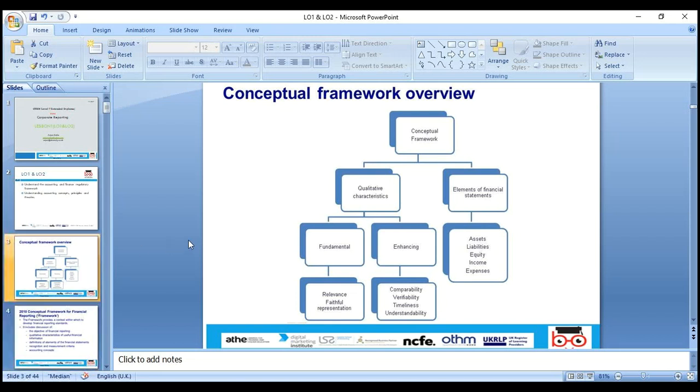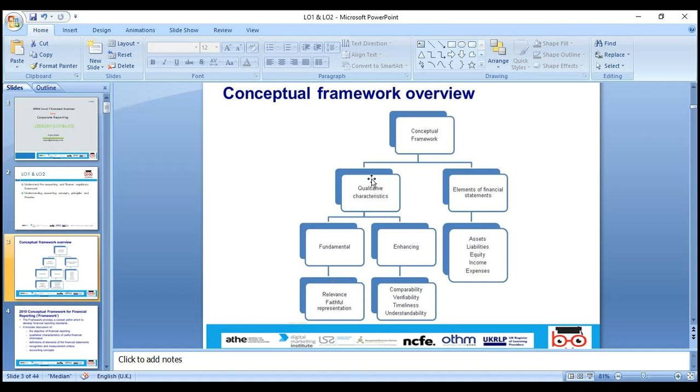The conceptual framework consists of the qualitative characteristics of financial statements and the elements of financial statements. Financial statements consist of assets, liabilities, equity, income and expenses. Under the qualitative characteristics, the fundamental ones are relevance and faithful representation.